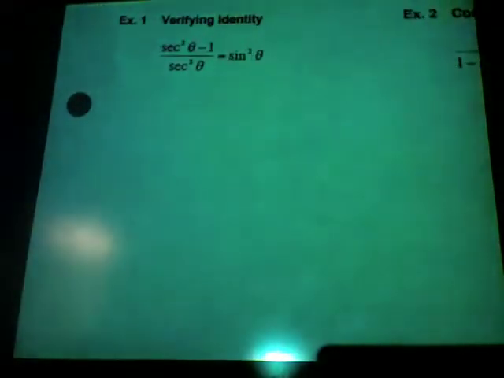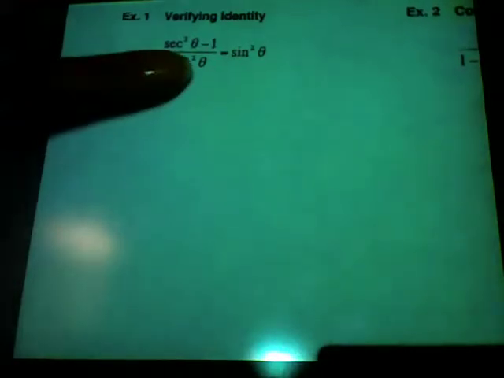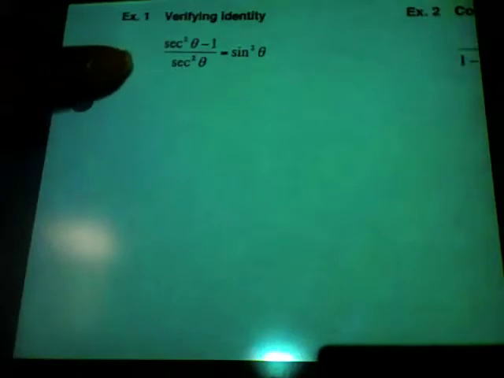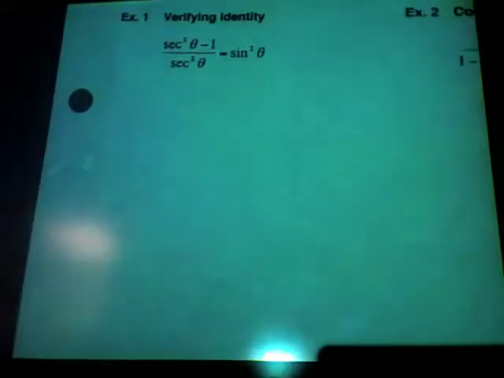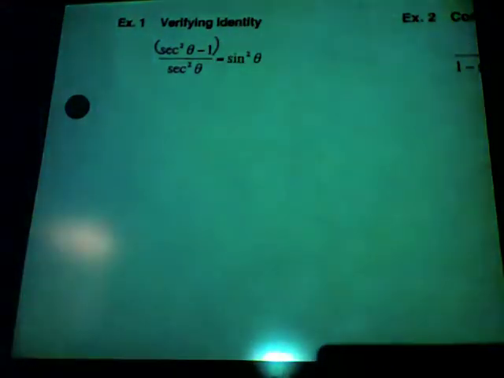All right, you're going to help me along. What might I do first? Okay, so we have a secant squared and a minus 1. What can I replace that with? Okay, so I'm going to replace this whole thing with, well, let's look at the identity though.